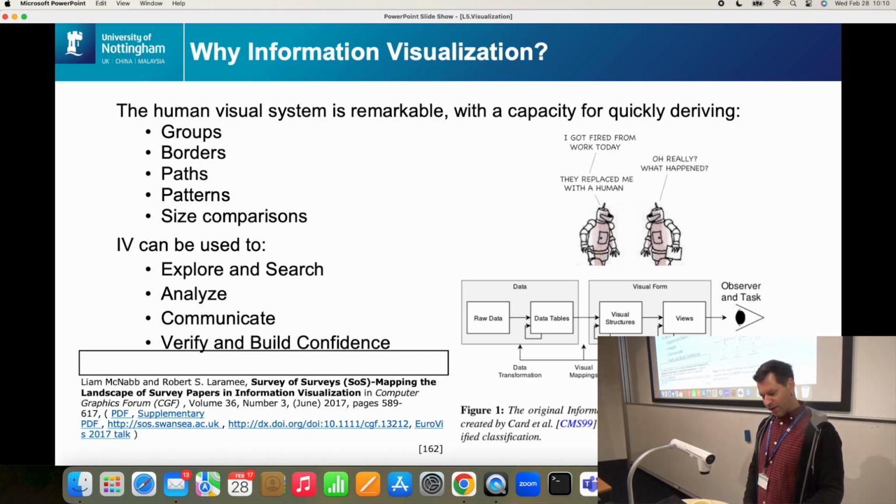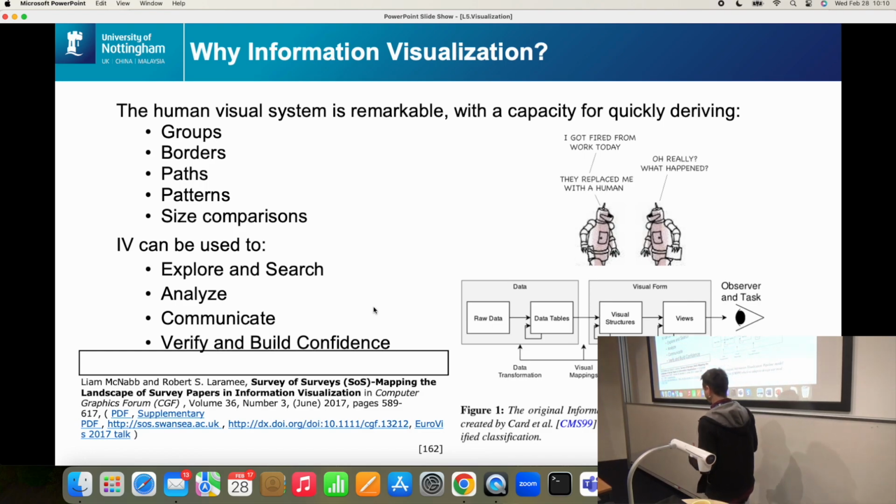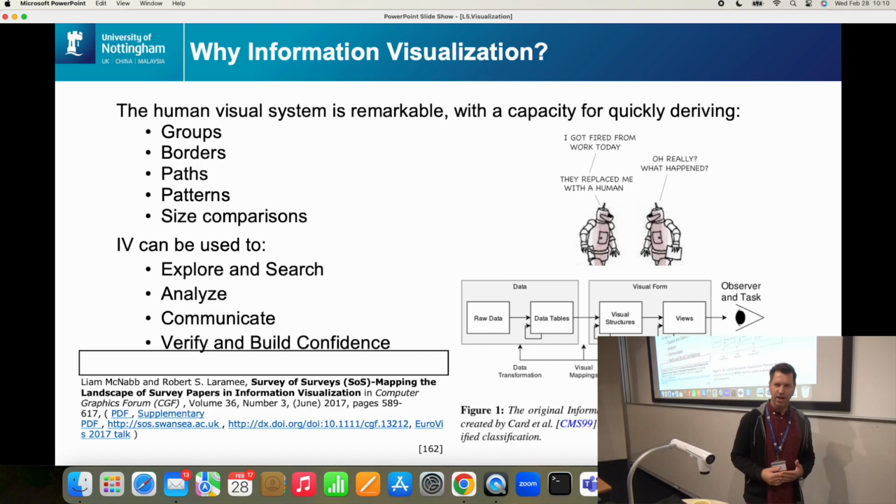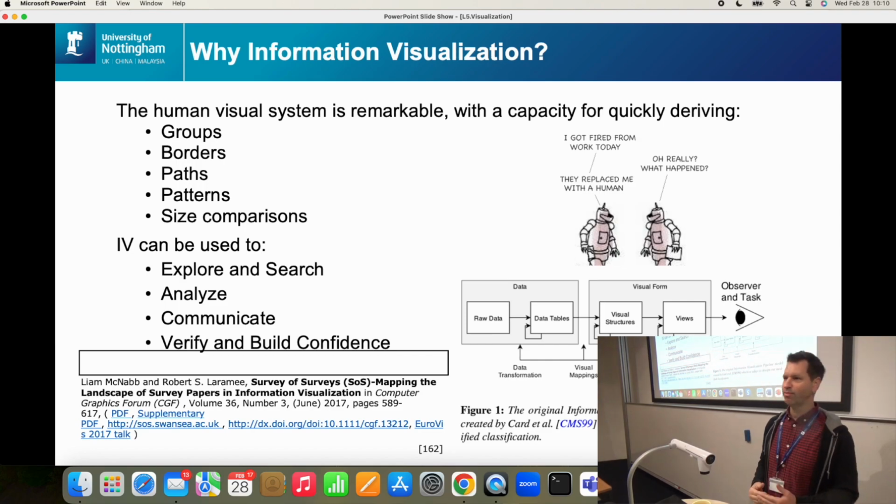And another thing that visualization can do is verify and build confidence. When you get more experience, you'll discover that data collection is usually done with a process or a system, and a lot of times those processes and systems that collect data have errors or systematic flaws.